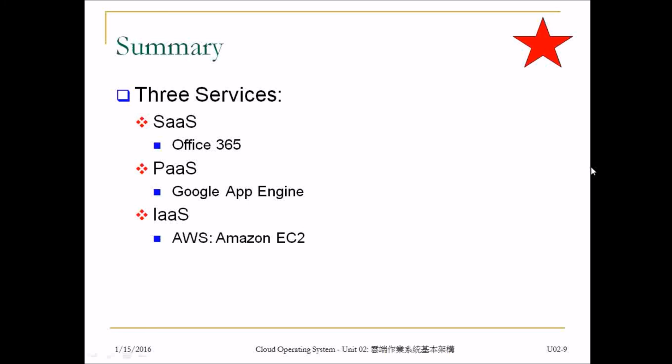The last one is IaaS, infrastructure as a service. For example, Amazon Web Service, Amazon EC2. You can pick, choose, or select the computing resource you need.